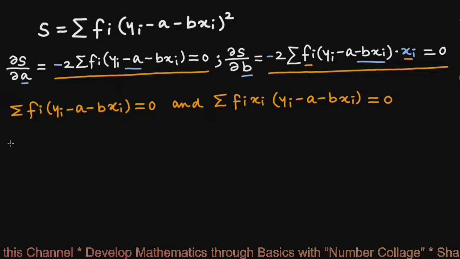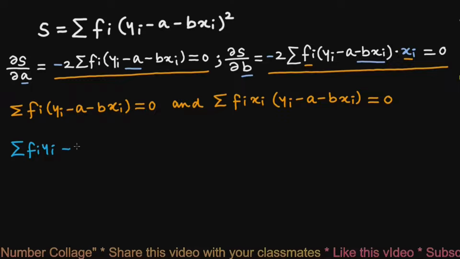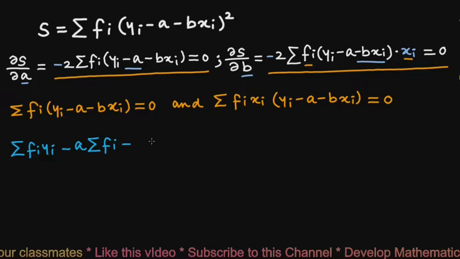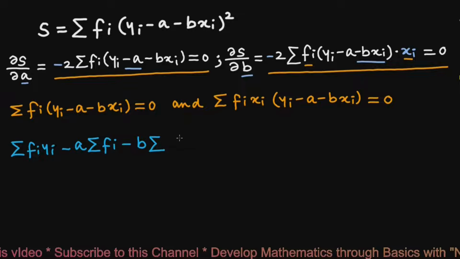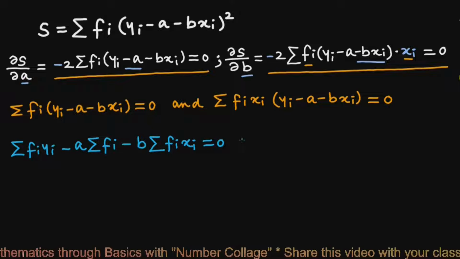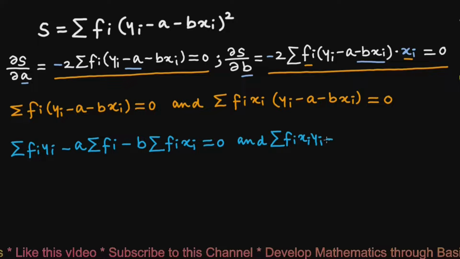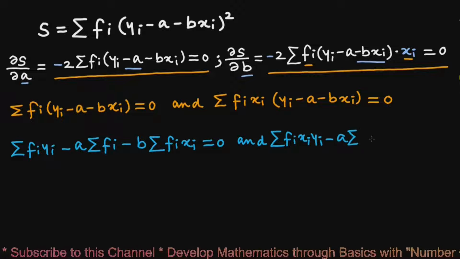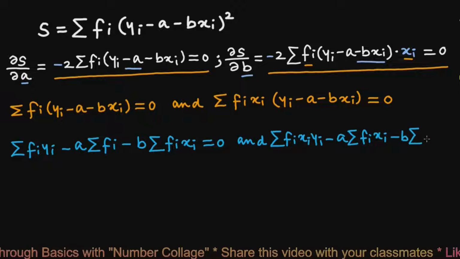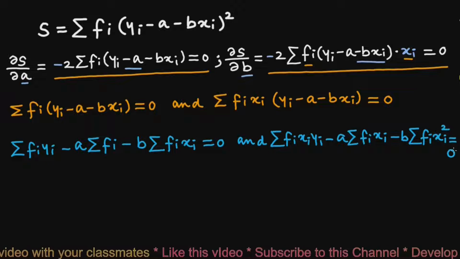Expanding this further, we get summation fi yi minus a times summation fi minus b times summation fi xi equals 0, and summation fi xi yi minus a times summation fi xi minus b times summation fi xi squared equals 0.